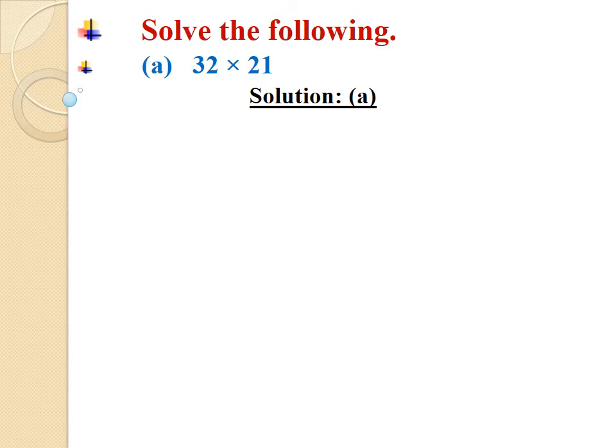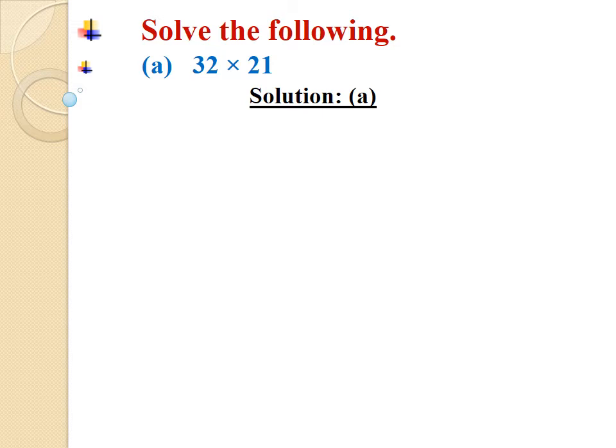Step number 1. Write the multiplicand above the multiplier. Step number 2. Multiplication is done column wise from right to left. Step number 3.